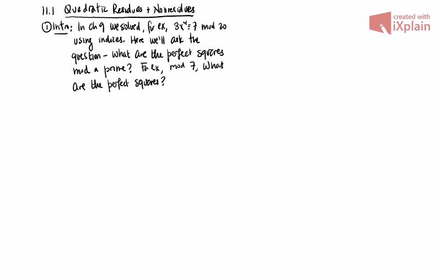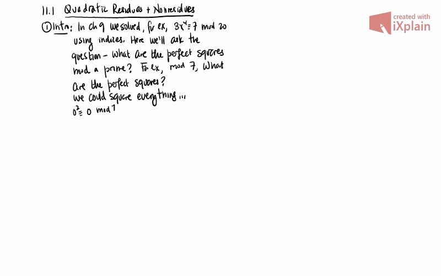And so we could work this out by simply squaring everything, right? So we could do, say, square everything. So we could say, for example, 0 squared is 0.